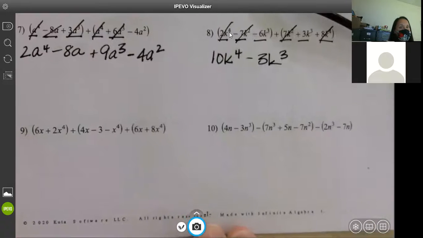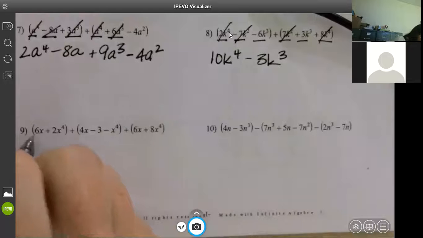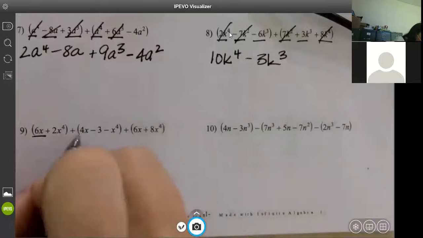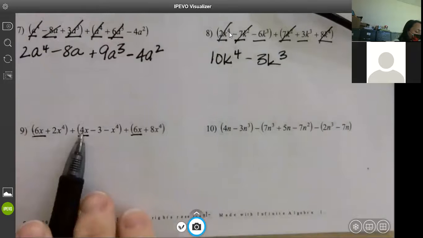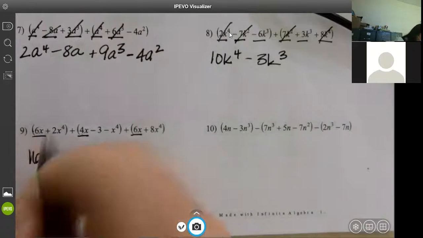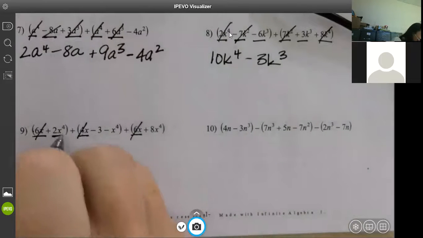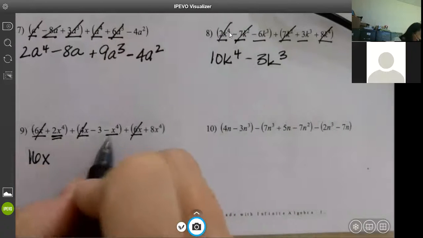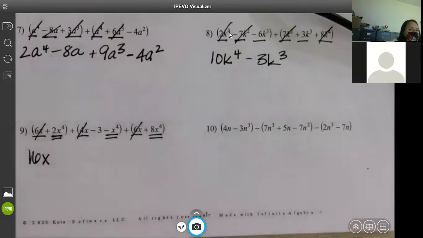All right, last 2. Number 9 is easy because it's all plus. Look for all your like terms. I have a 6x, a 4x, and another 6x. 6 plus 4 is 10, plus 6 is 16, and the x made them alike. I have 2x to the fourth minus 1x to the fourth plus 8x to the fourth.